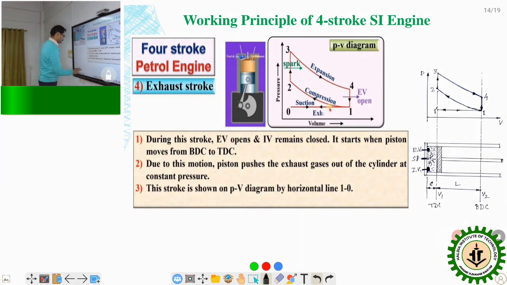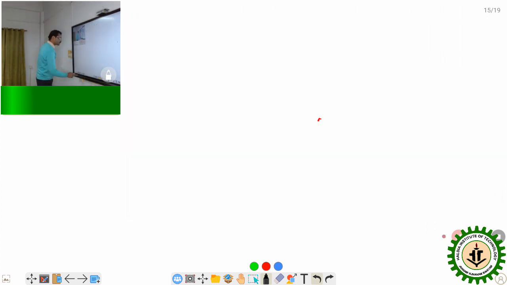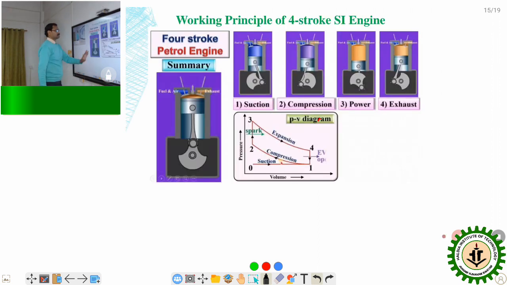Then here the expansion stroke and the last stroke, that is the exhaust stroke 1 to 1 dash, are explained. Already I have explained this previously. Again, just to highlight, there are 4 strokes: suction, compression, power and exhaust. 0 to 1 is the suction, then compression 1 to 2, 2 to 3.